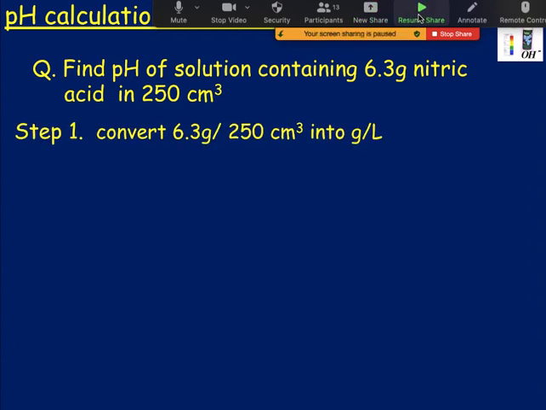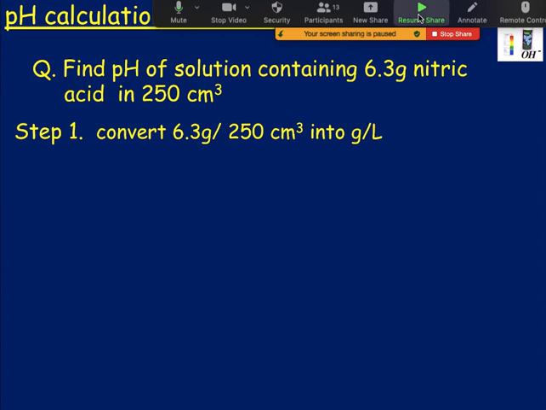Okay, and what do you do next with that number? Multiply by 4. And why do you do that? Because that's only in 250 centimeters and it needs to be in 1,000 because it's per litre.